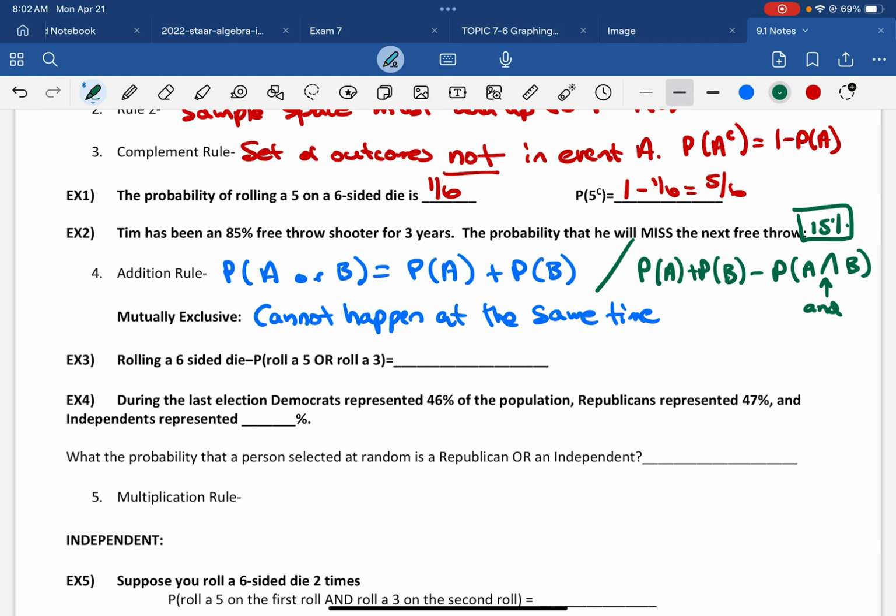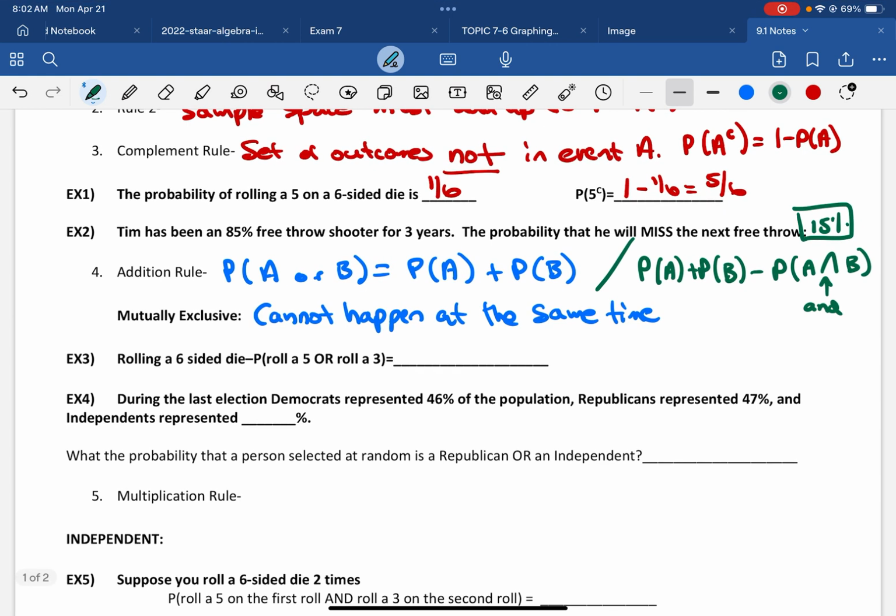The probability of a 5 is 1 out of 6, and in your head you should start saying or means add. They cannot happen at the same time, so we simply add them and reduce. If they could happen at the same time, then we would have one more part of the formula.